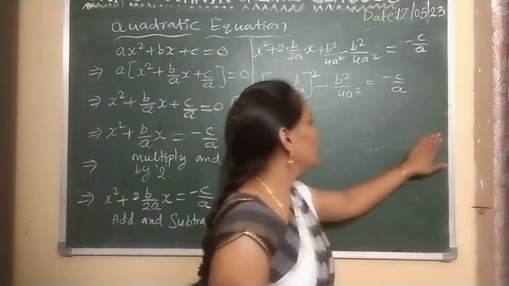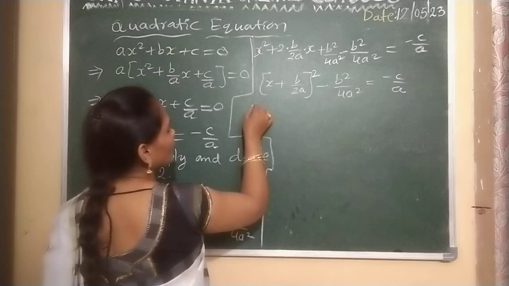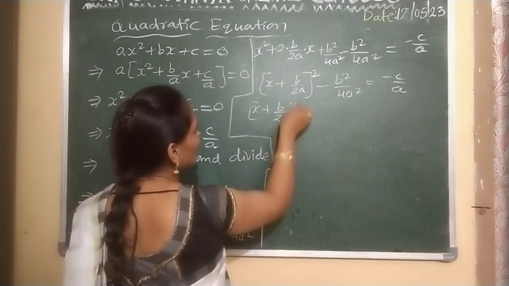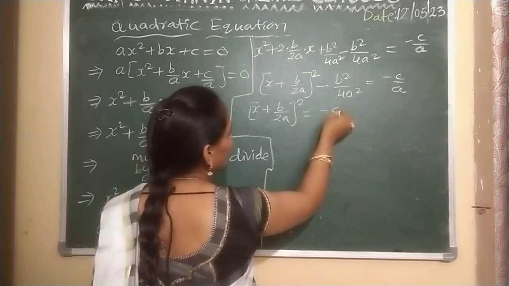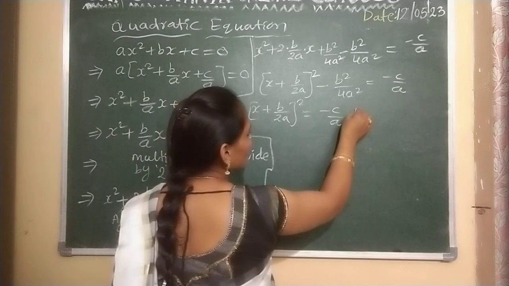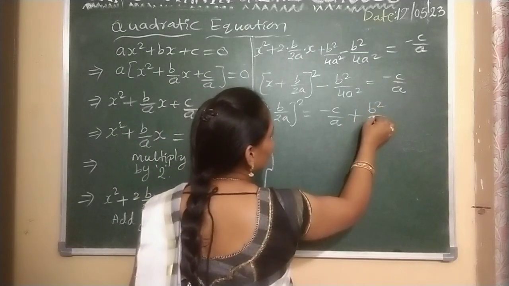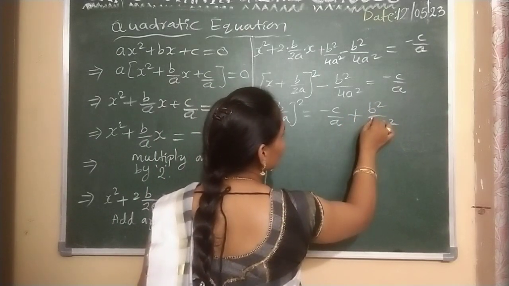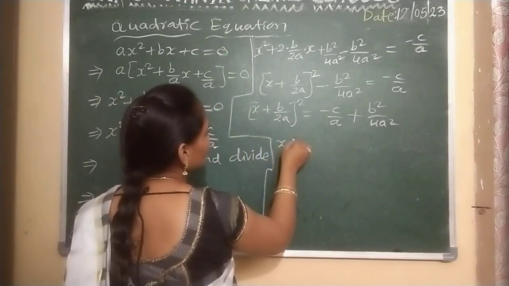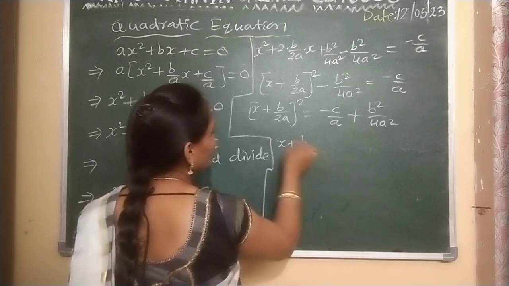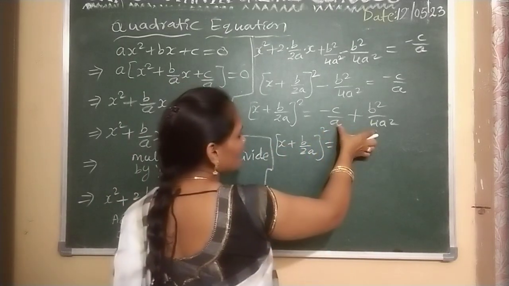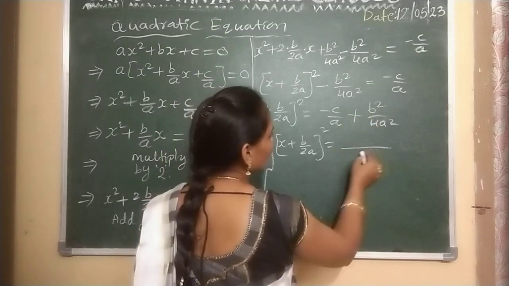Now, x plus b by 2a whole square, which is equal to minus c by a as it is. Take the transpose, plus term will become minus term. Now, x plus b by 2a whole square, which is equal to, here LCM is 4a square.